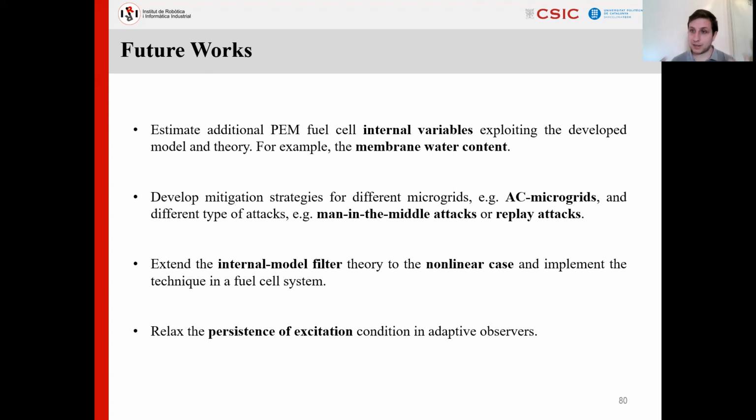It should be mentioned that the theory can still be extended. On the one hand, there is still the necessity of extending the internal model filter theory to the nonlinear case and use this to solve some PEM fuel cell problems. For example, it may be interesting to reduce the effect of anodic purges on the quality of the voltage signal. And finally, it should be interesting to relax the persistence of excitation condition in adaptive observer redesign.